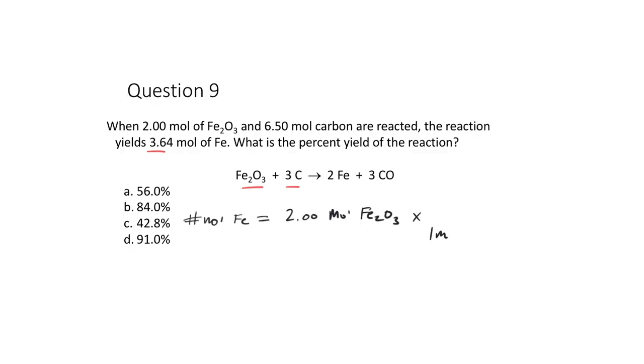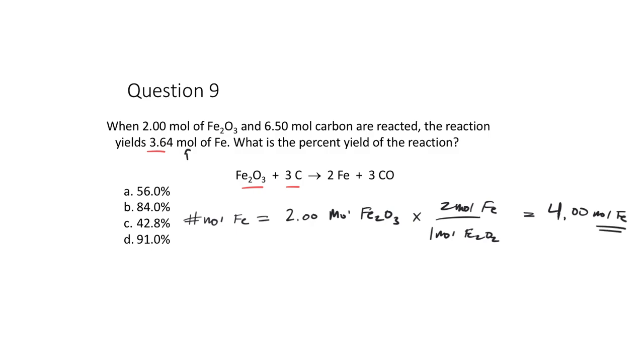For every 1 mole, just the coefficient of 1 in front of Fe2O3 in the reaction, I produce 2 moles of Fe. And we don't need to go to grams because we're still working in moles here, so that's fine. That would be 4.00 moles of iron.